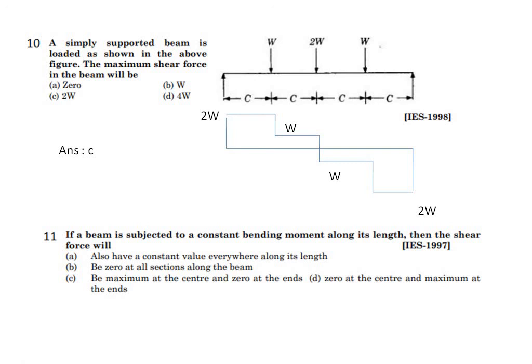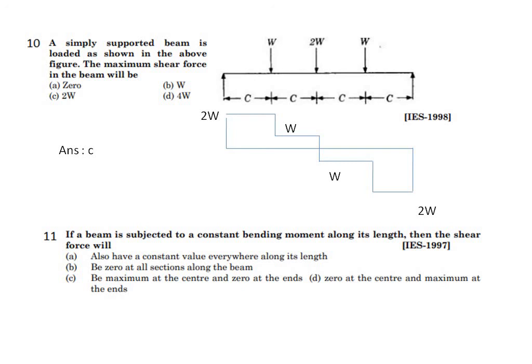Let's check with the next. B, maximum at the center and 0 at the ends. If the shear force is maximum at the center and 0 at the ends, it has to be a uniformly distributed load throughout the entire span.